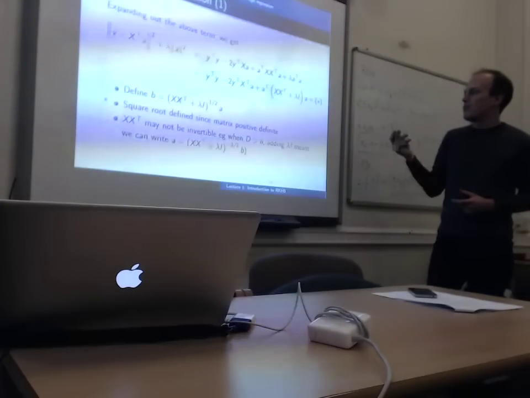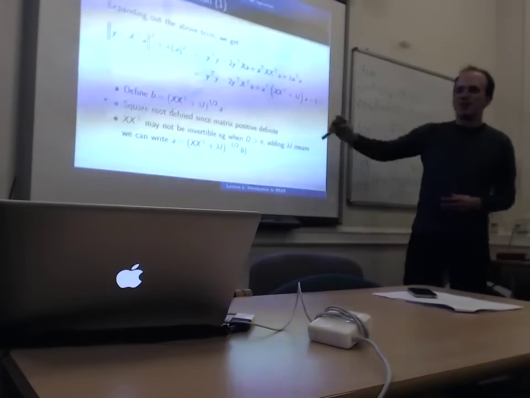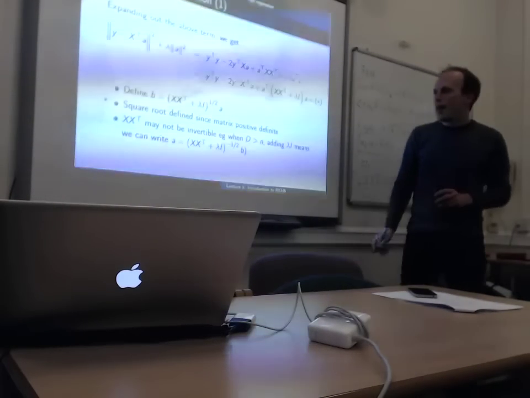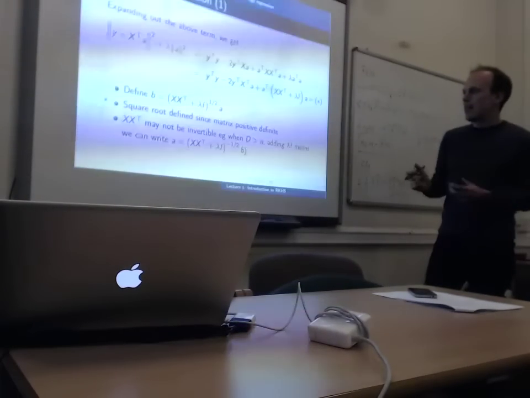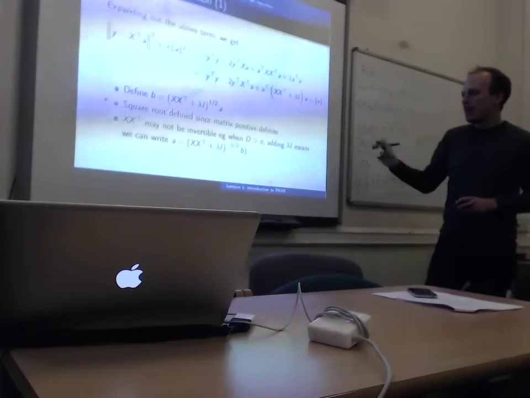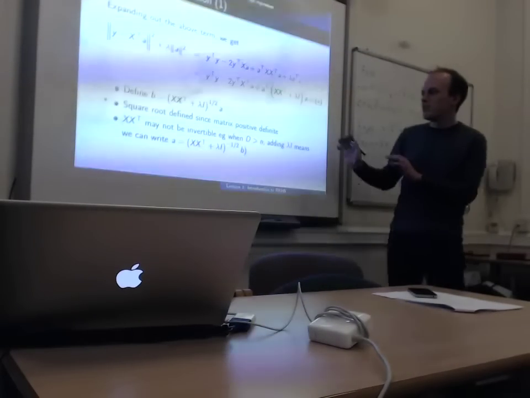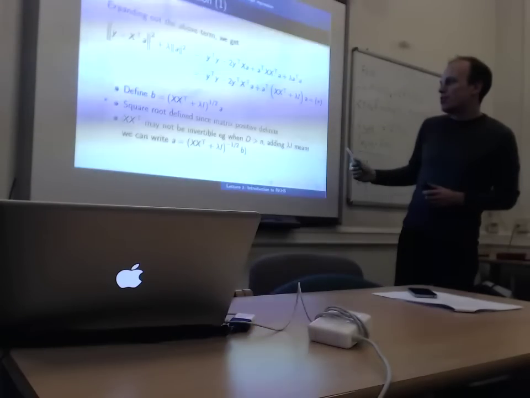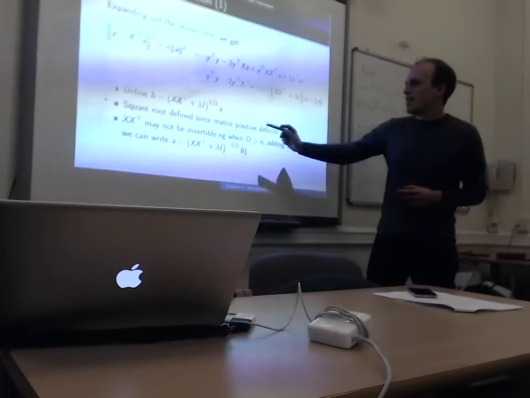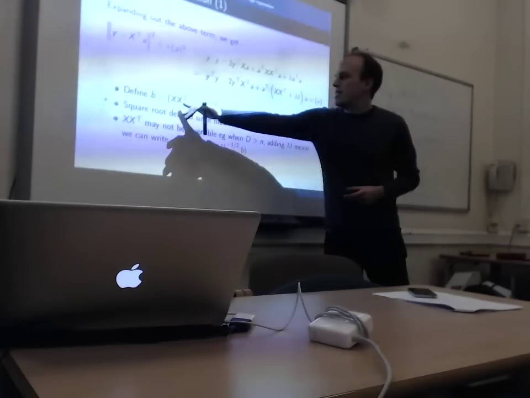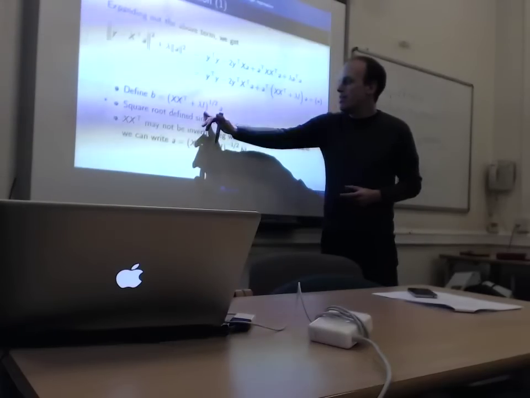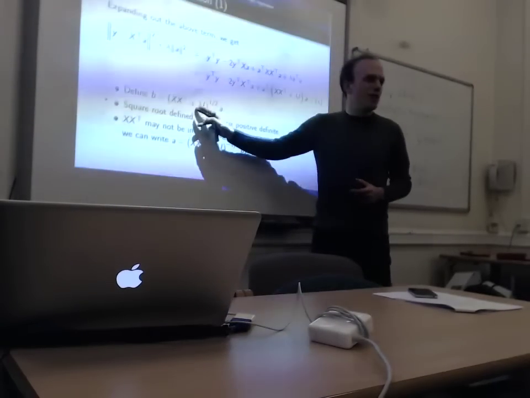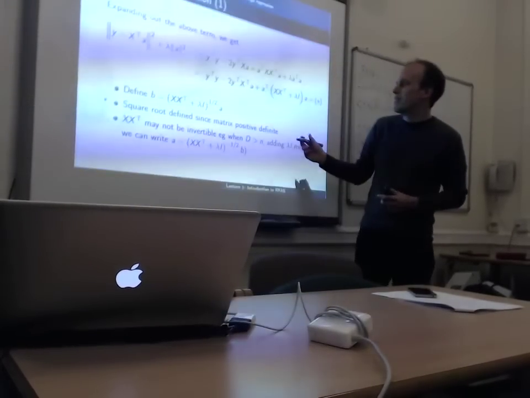So now I want to solve this thing for A. So what is the A that makes this as small as possible? You can do this either by taking derivatives or by another way, which is the one I'm going to use because I think it's clearer. What I can do is define something which is basically the square root of this matrix here times A. A matrix square root times itself is equal to the original matrix, okay?